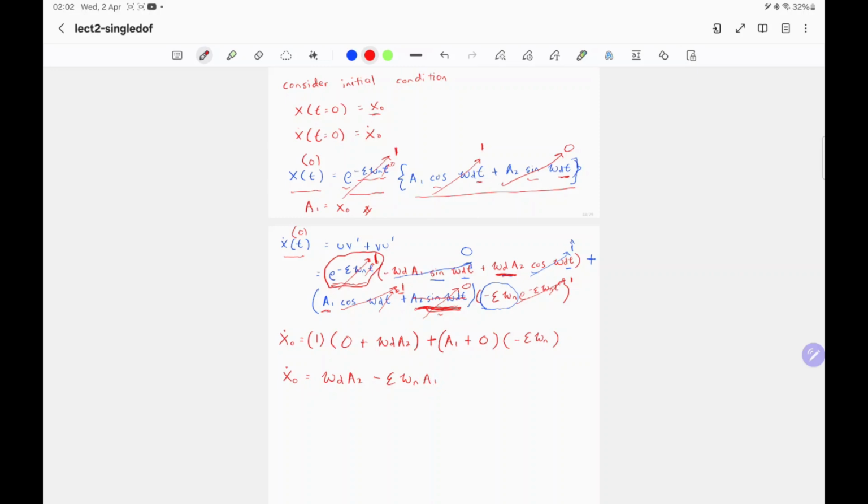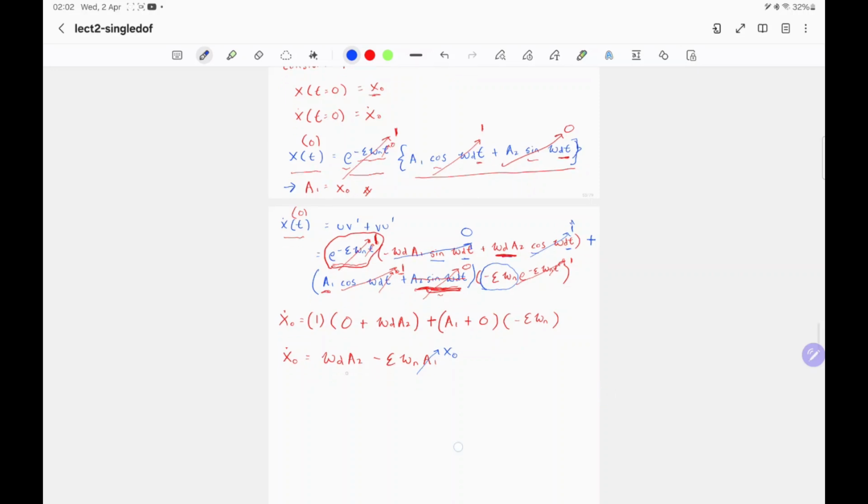We already know that a1 is x naught, and what we are trying to find is a2.